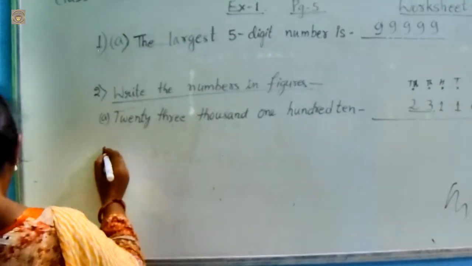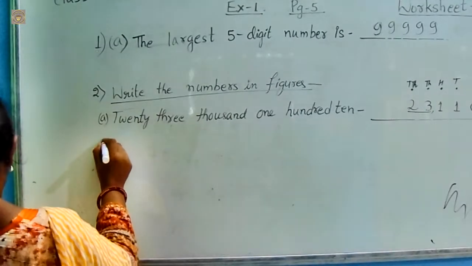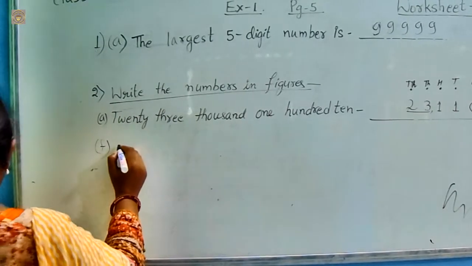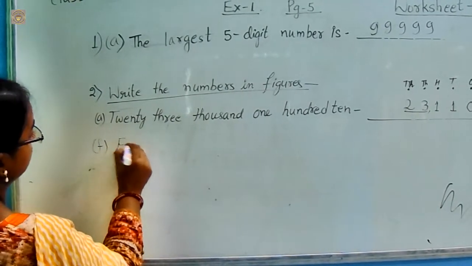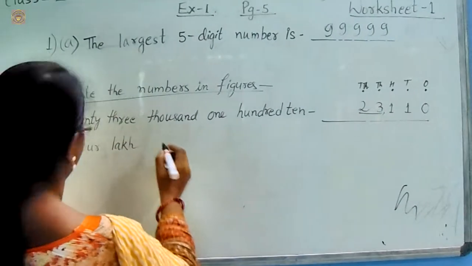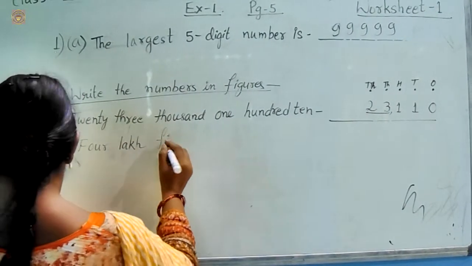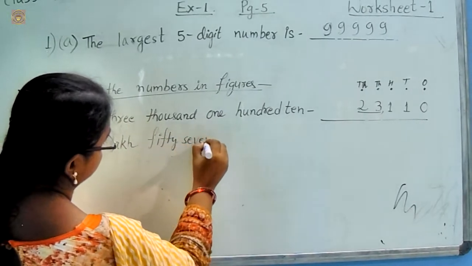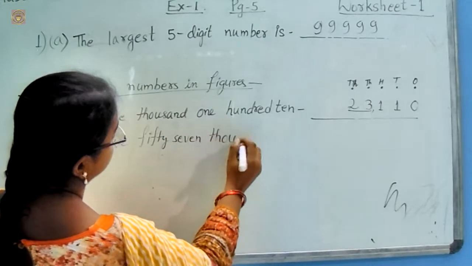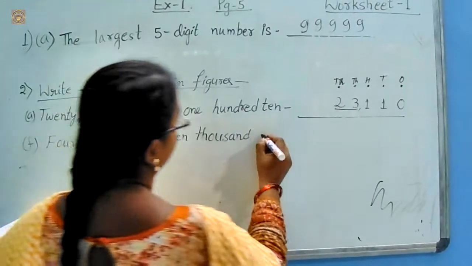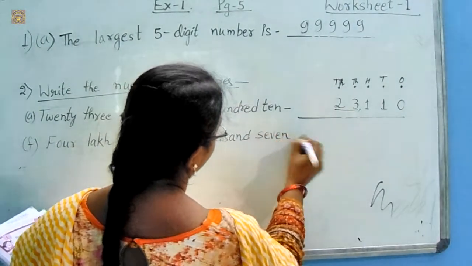Take one example. Number F, 4 lakh 57,000 708.